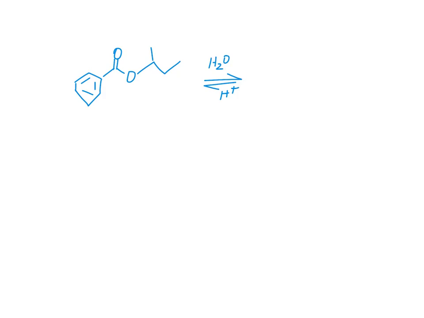And so in this reaction, this bond here is going to become cleaved. We're going to get a carboxylic acid on this side, and the alcohol of the ester on the other side. So this is a hydrolysis reaction.